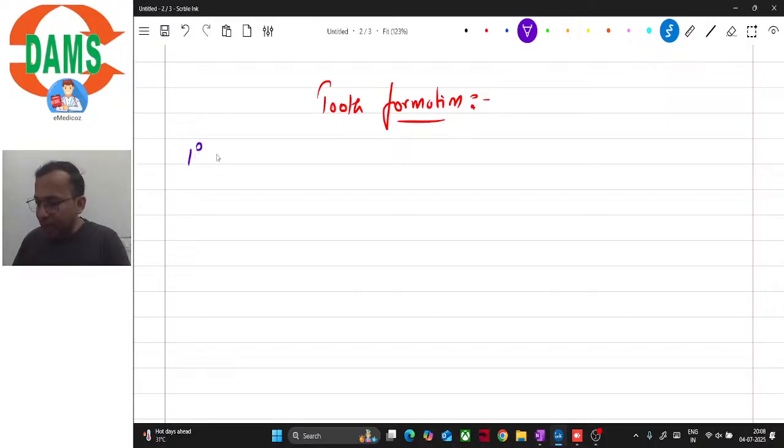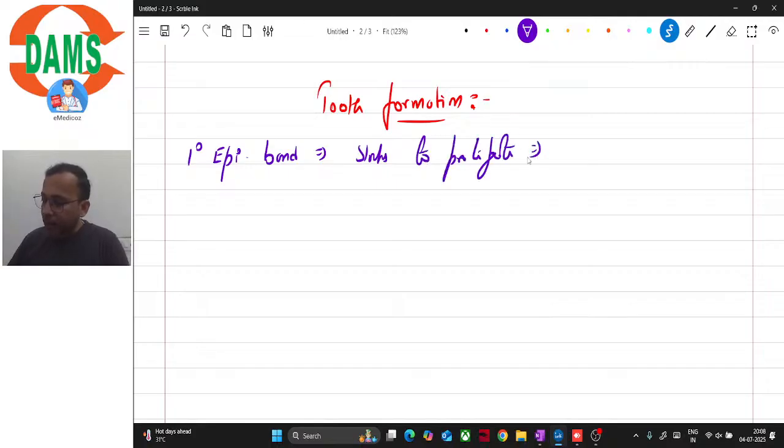Tooth development is set to start right with the formation of the primary epithelial band. The primary epithelial band starts to proliferate at about the 11th day. So let's say this is the epithelial cell, right?